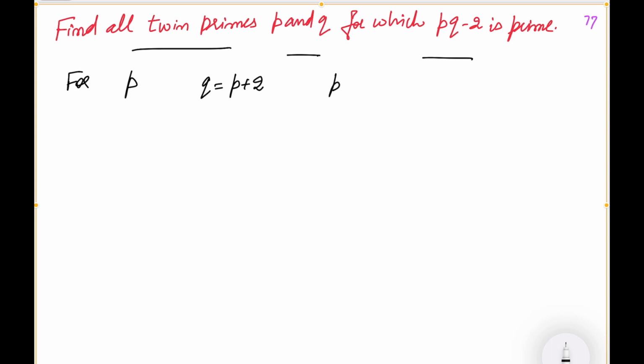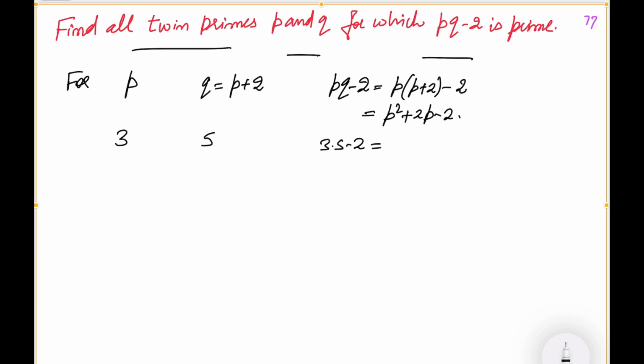Then pq minus 2 will look like p times p plus 2 minus 2, that is p square plus 2p minus 2. Now let's try some examples. If p is 3, then q is 5, then 3 times 5 minus 2 comes out to 15 minus 2, which is 13. So we get one pair, 3 and 5.